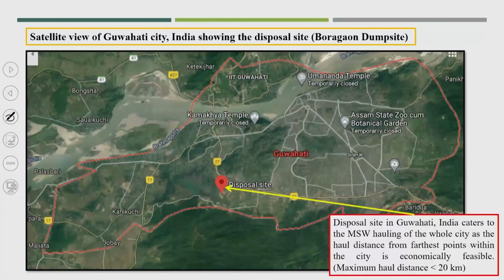So, the collection cost is not very high, because the haul distance is a maximum of 20 kilometer from the different corners to the disposal site.